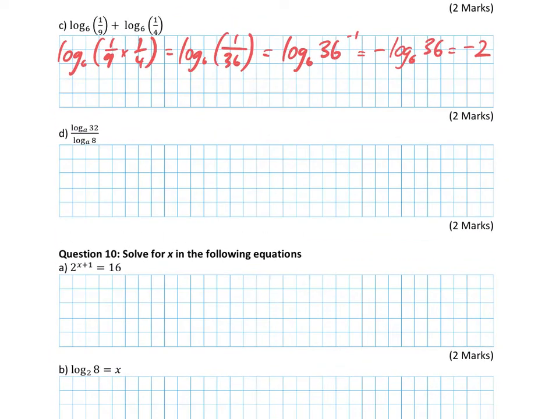Looks like that's the last log question. Log a 32 over log a 8. What I'm noticing here is that both of these are a power of 2. 32 is 2 to the power of 5, which we've seen before. Log a of 8, 8 is 2 to the power of 3.